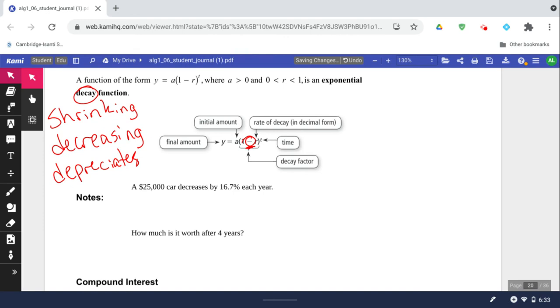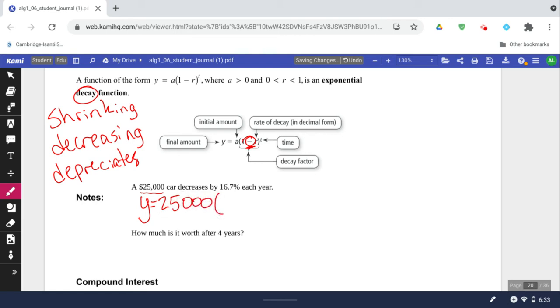Okay, so we have our first one. Let's come up with our equation first. So a $25,000 car decreases by 16.7% each year. My final amount, I don't know yet. That's what I'm going to solve for. It starts at that $25,000 value.